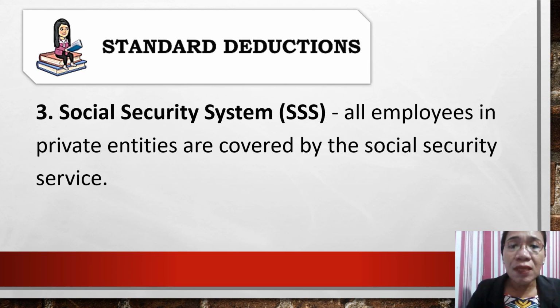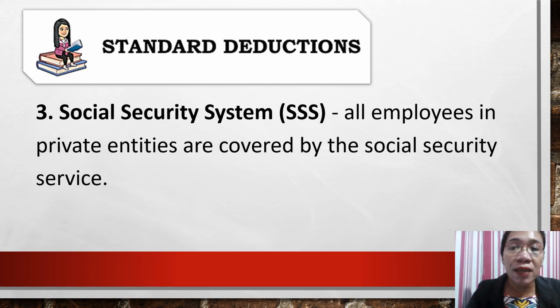Meaning, if an employee has a monthly salary credit of 10,000, 10,000 lang example natin kasi buo siya, hindi mahirap mag-compute. So, the monthly contribution of the employee is 400 pesos, which is being deducted to the payslip. While the other 800 is shouldered by the employer. So, yung amo, yung may-ari ng kumpanya, yung employer, yun yung magbabayad ng 8% para sa SSS mo.